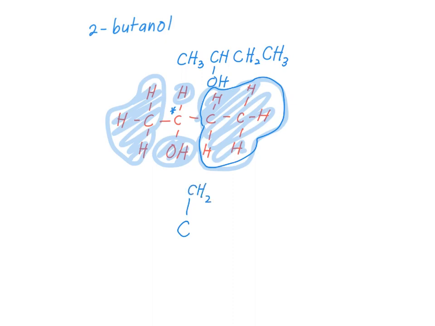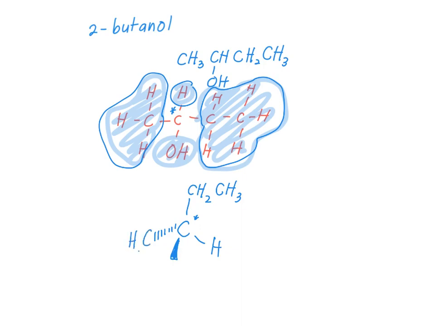This first group is CH2 and CH3. For the second group, I can draw hydrogen. Actually, the location of the groups can be anywhere. The third group is CH3, and another group can be OH.